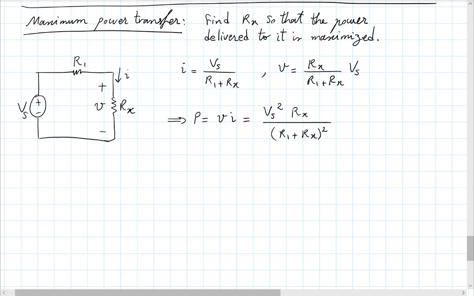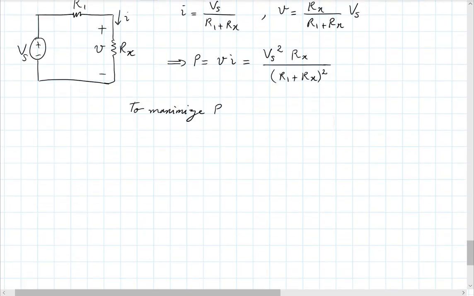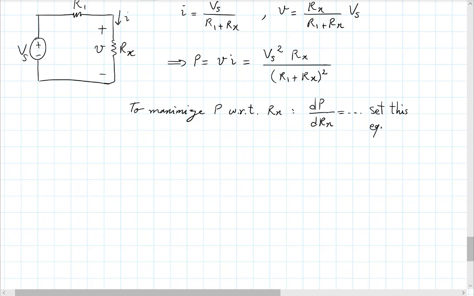and if you want to maximize this with respect to the variable Rx, so you're trying to change the value of Rx to maximize P, I'll take the derivative with respect to Rx and set this equal to 0.